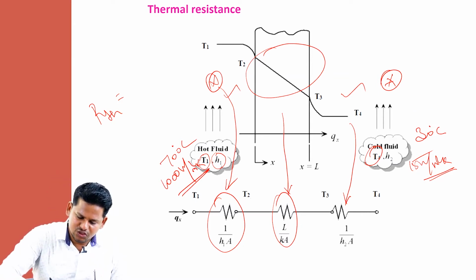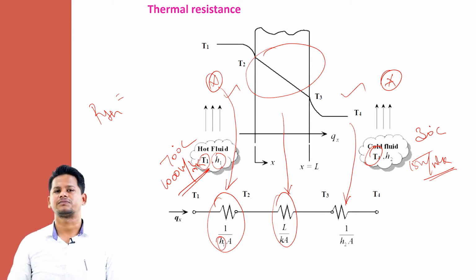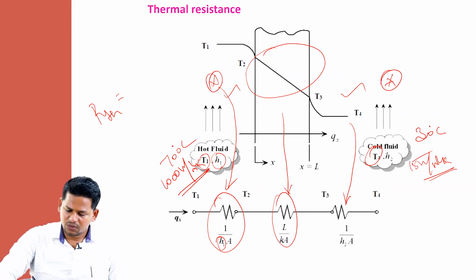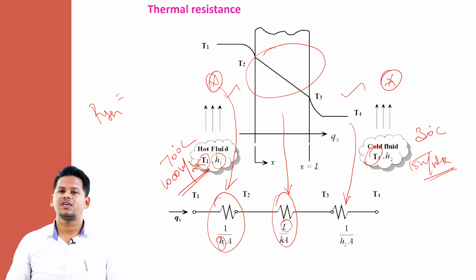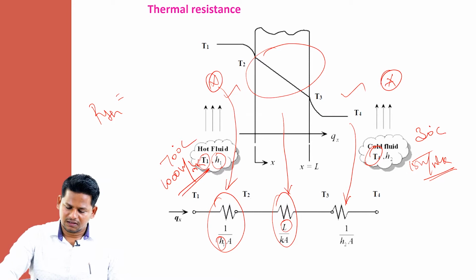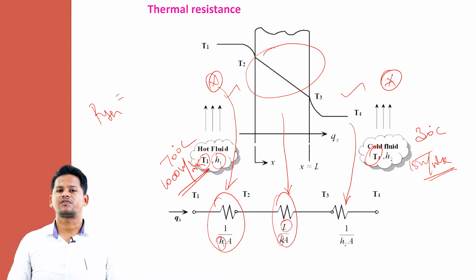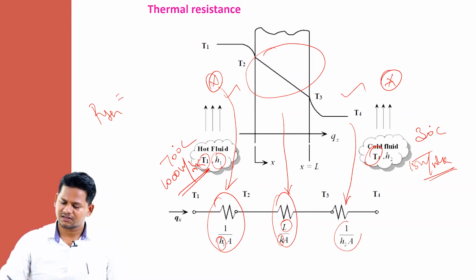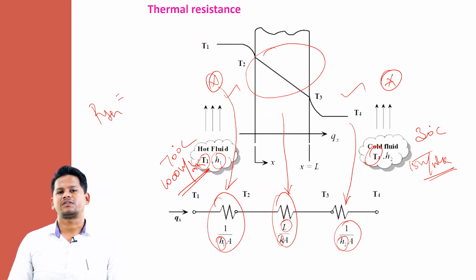Here H is H1, 1000 watt per meter square Kelvin. In the second one, L is the length of the material, and K is the thermal conductivity of the material. So this is for conduction. Third one, similar to the front convection, you have convection at the back side, where this H2 is 15 watt per meter square Kelvin.